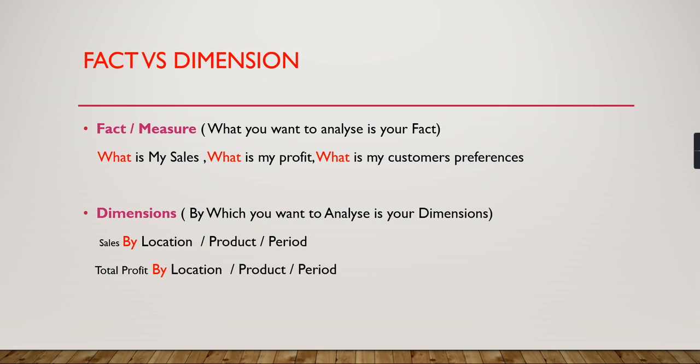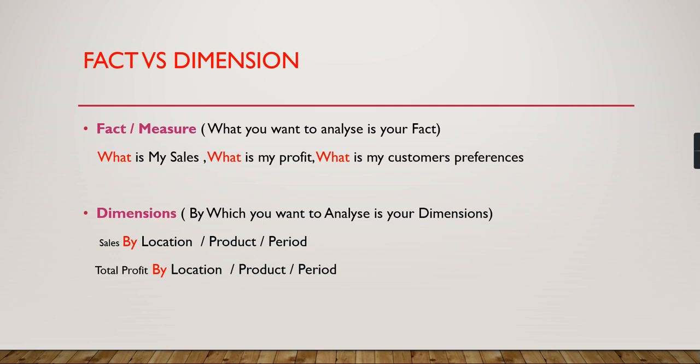Let's begin with understanding what fact and dimension are. The ultimate definition is that what you want to analyze is your fact, or measures. To give you an idea, you want to analyze your sales. What is my sales? What is my profit?